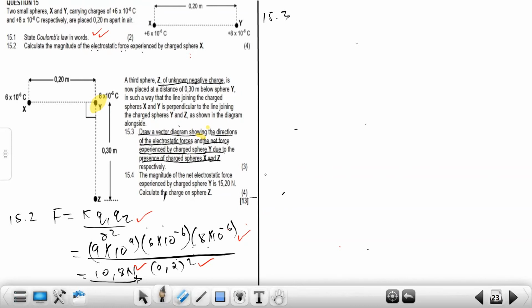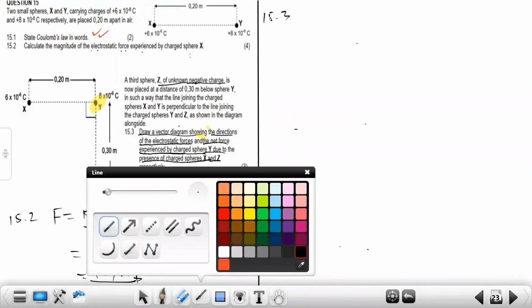Automatically, once I saw that I am working with charges placed in two dimensions, I know that my center charge must be my reference charge. So we must draw a free body diagram for that.